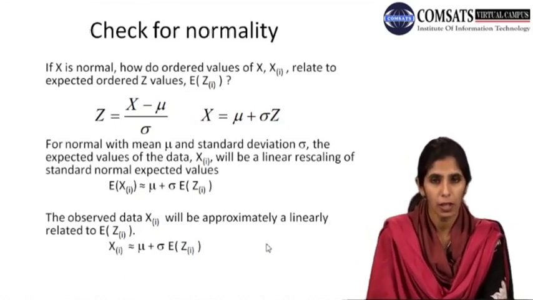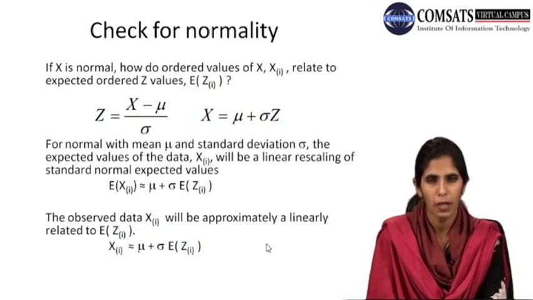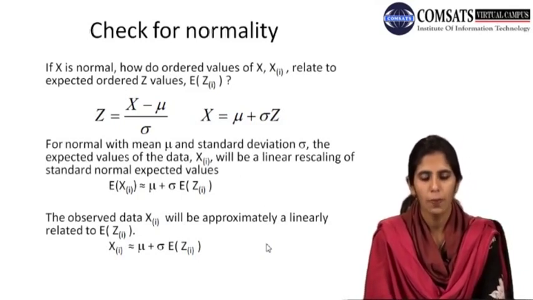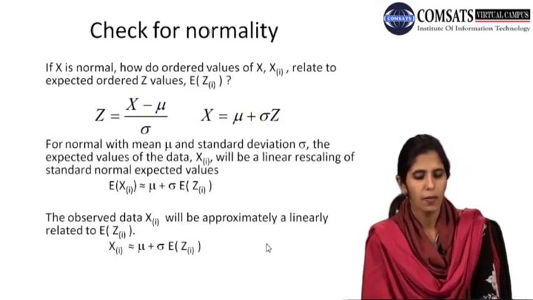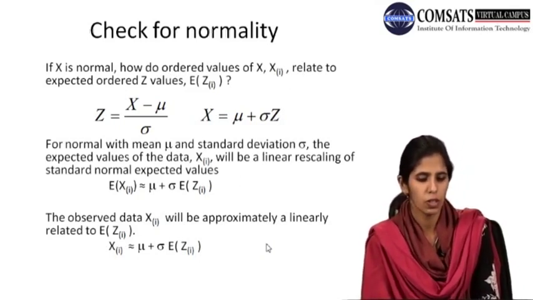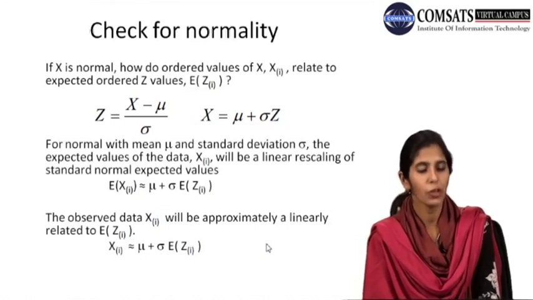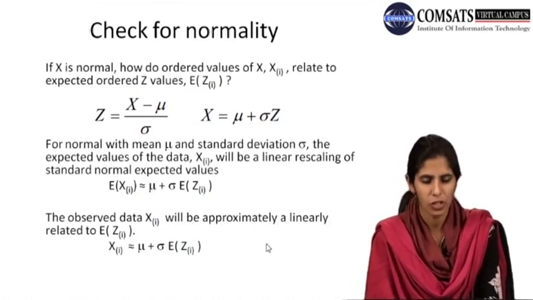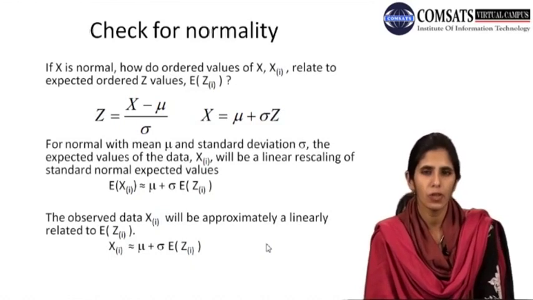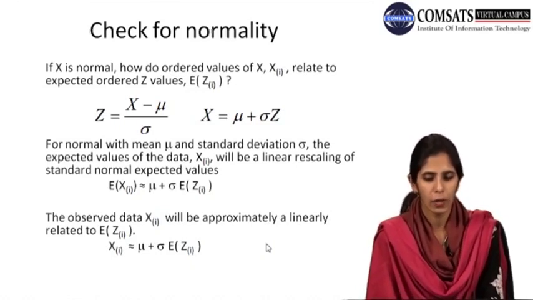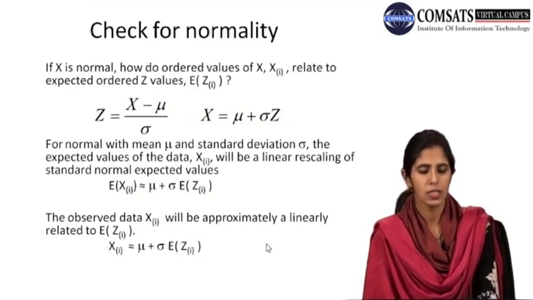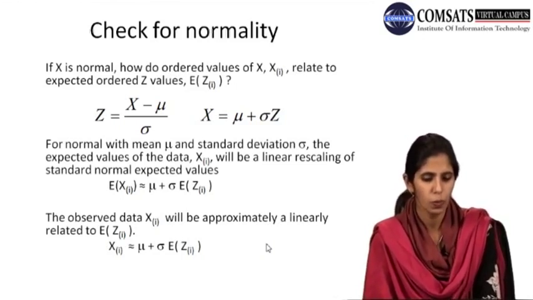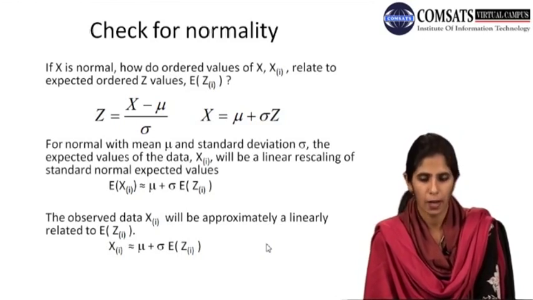When we talk about expected values in the case of a normal random variable, where the normal mean is equal to mu and the standard deviation is equal to sigma, here the expected value of x iota will be shown as a linear rescaling, where E of x is approximately equivalent to mu plus sigma times the expected value of z iota.